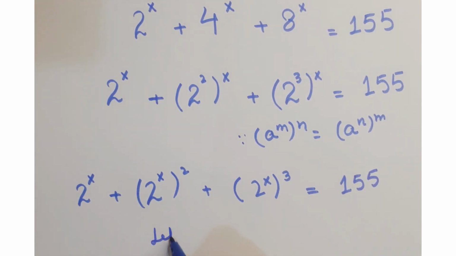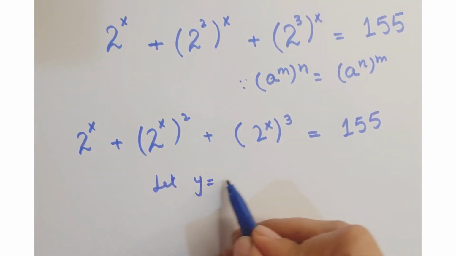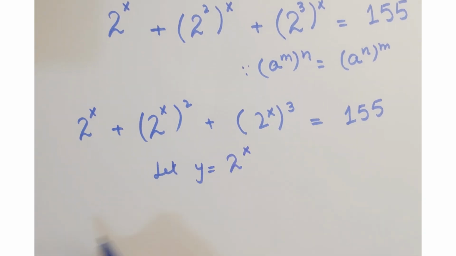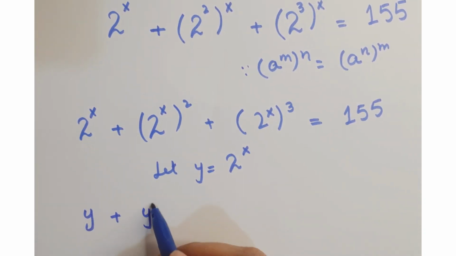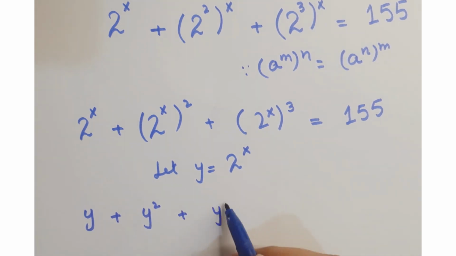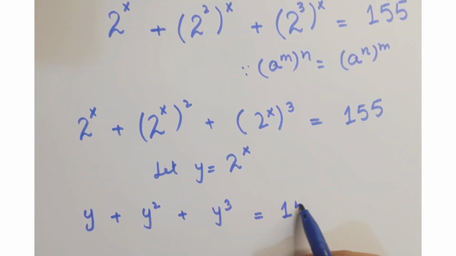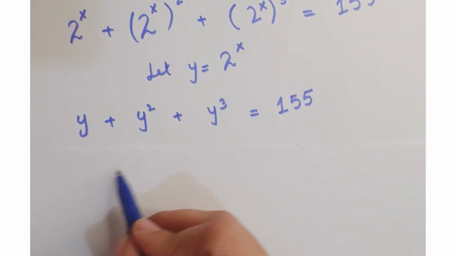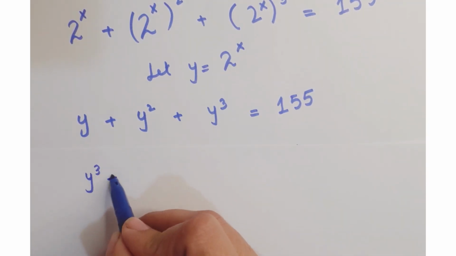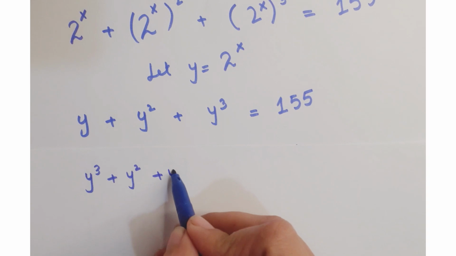Now let's assume that y is equal to 2 to the power x. Substituting y in the equation, you get y plus y square plus y cube is equal to 155. Now you can write this as y cube plus y square plus y.